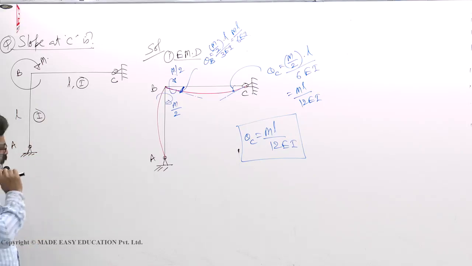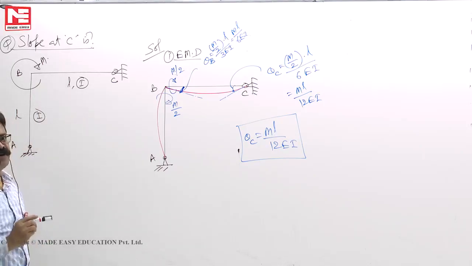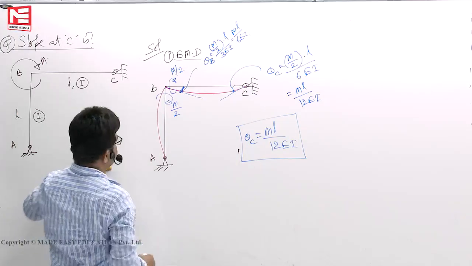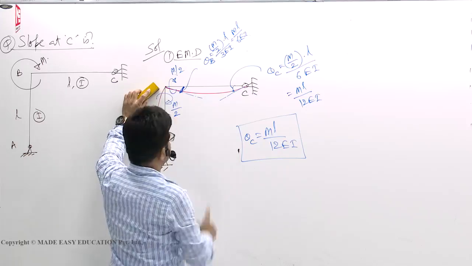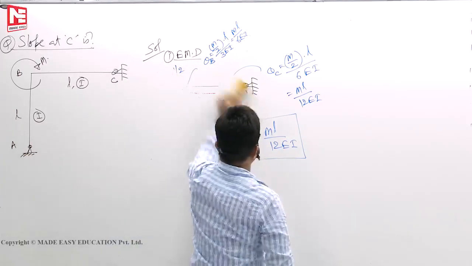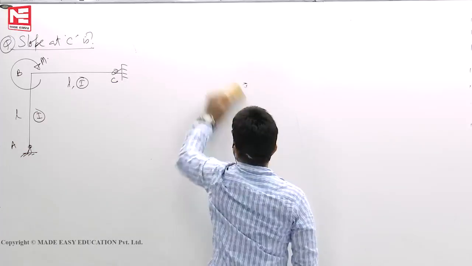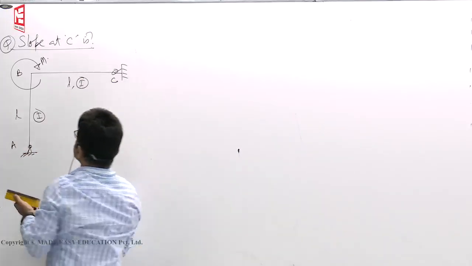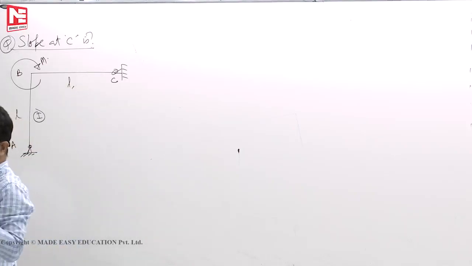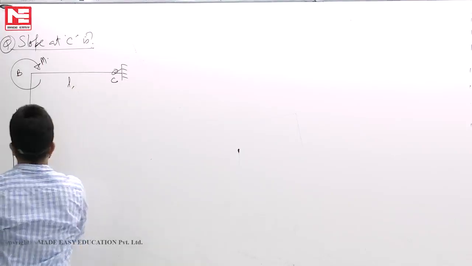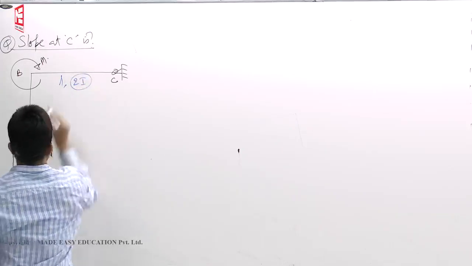Now it is not necessary that I values must be the same for all problems. Let us take one more problem where we change the I value. Now the next question is the slope at C, where this value we change to 2I. The length is the same but the I value is different.